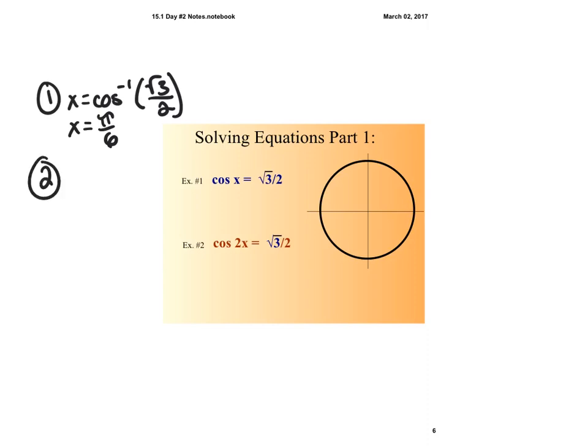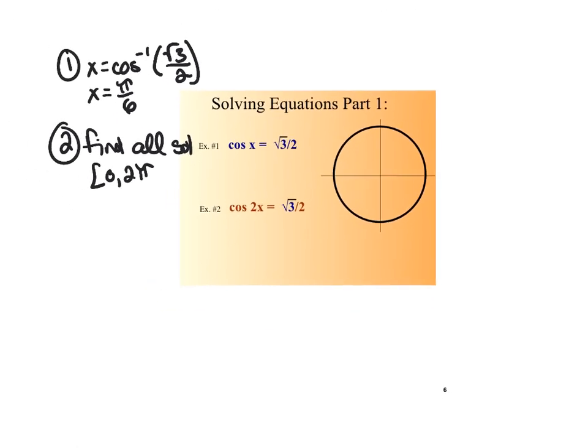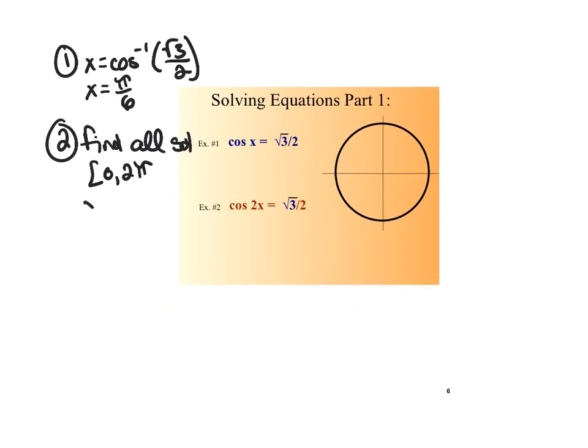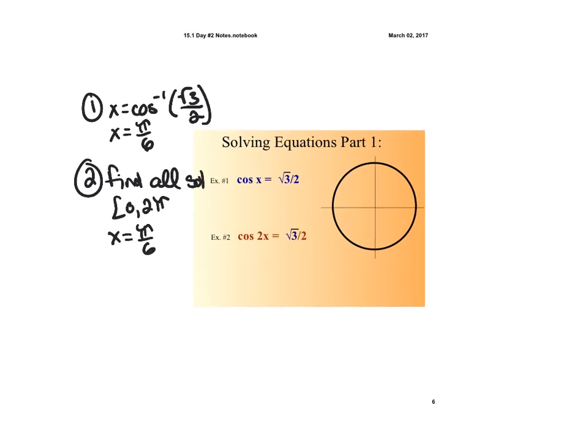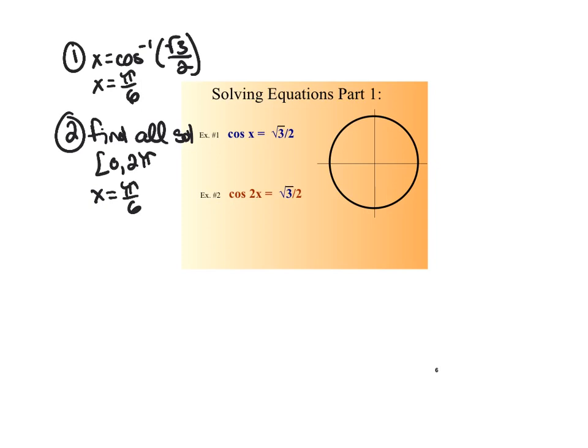Okay, so let's alter the question. Let's say, what if it said find all solutions between 0 to 2 pi? So all of the answers between 0 to 2 pi, that means x is pi/6, and cosine is positive in quadrant 1 and quadrant 4, so x is also equal to 11 pi/6.